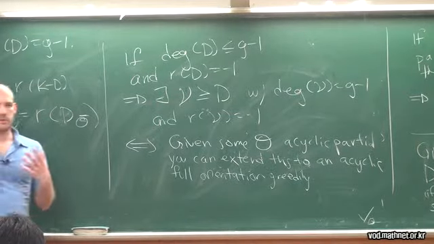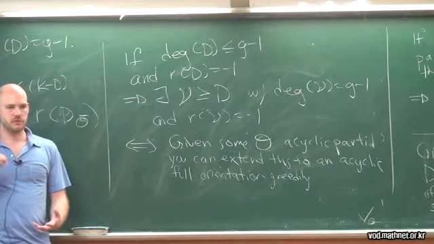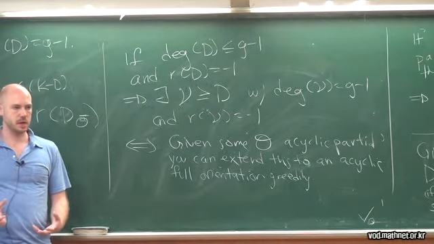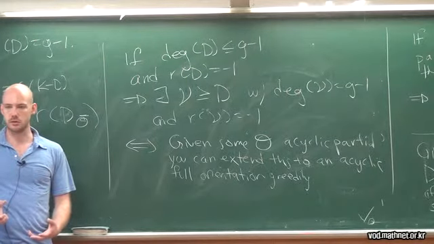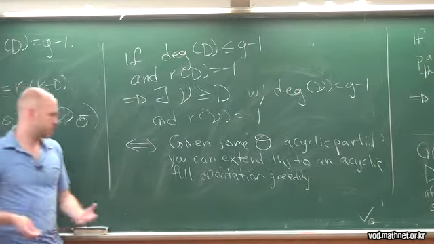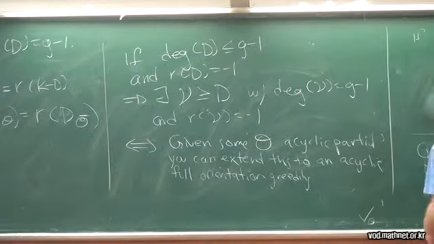So what I'm saying is if you have a partial orientation of a graph which is acyclic, then you can fill in the orientations of the remaining edges one by one, greedily, without creating cycles. So why is that true? It's kind of a cute proof, so it's worth saying.